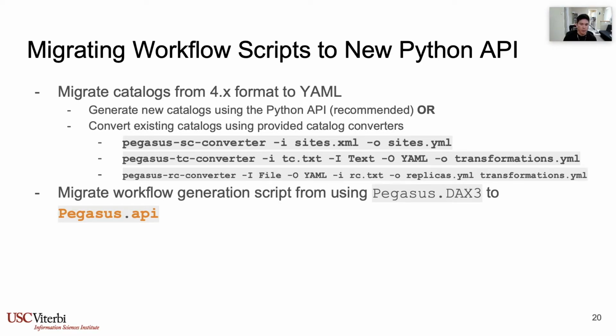Versus if you go in and edit the underlying YAML file, you might make a change that doesn't adhere to the schemas that we use. Next, you'll need to migrate your workflow generation script from using pegasus.dax3 to using pegasus.api, which is just the name for our new API that we have.